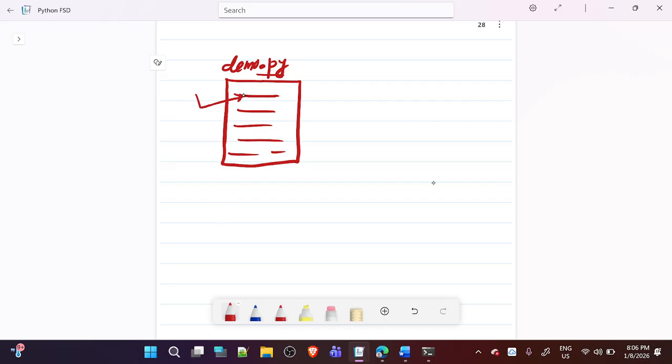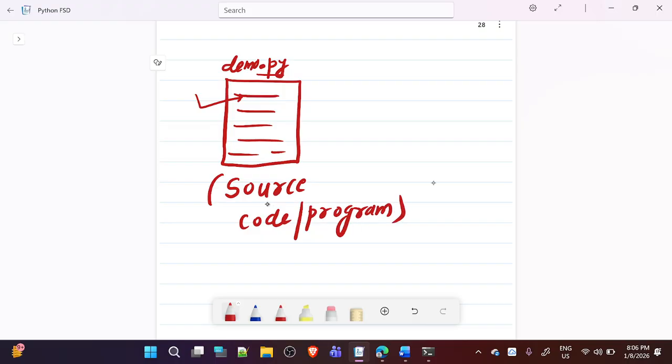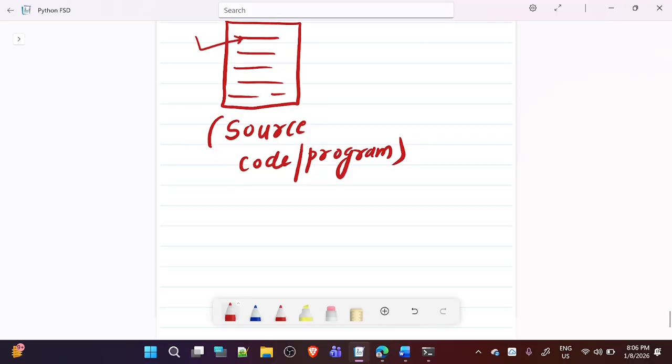This Python program is also known as source code, or we can say source program. What is a source program?